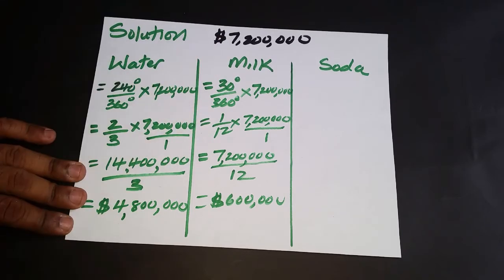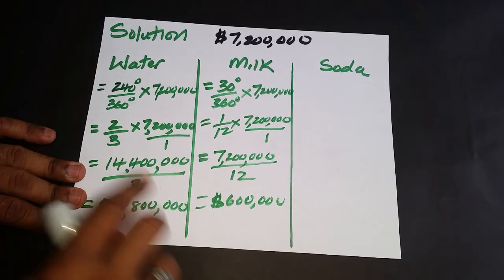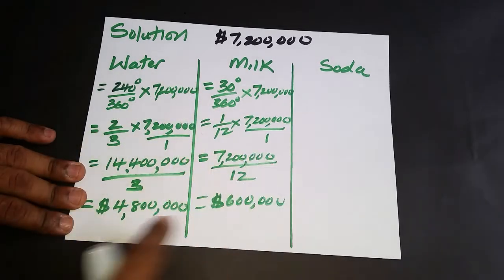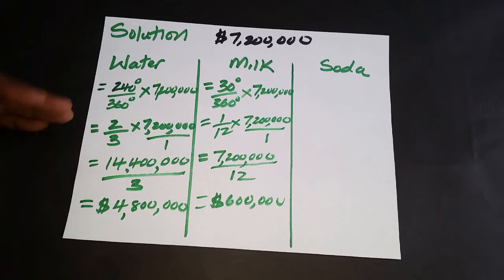And when you subtract 5,400,000 from 7,200,000, you're going to get about 1.8 million. So that would be the amount generated from soda. So you simply add these two. All right, since it's three beverages in question, you simply add these two and then subtract it from that to give you the 1,800,000. So you can do it that way, that's fine.